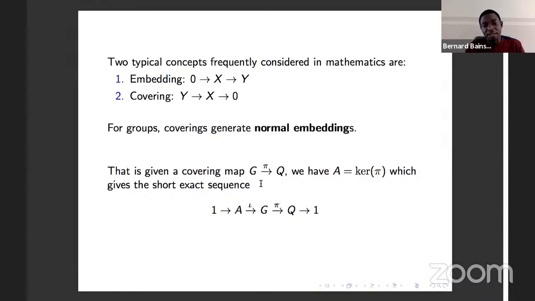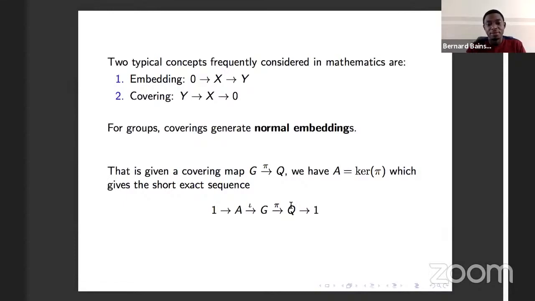If A is the kernel of the surjective map π from G into Q, then we can embed A into G, and then we have our surjective map from G into Q. We notice that this sequence is exact, because if we take any of the maps, the kernel of a map is equal to the image of the previous map. So the kernel of π is the image of i in this case. And since this happens, we say that the sequence is a short exact sequence.